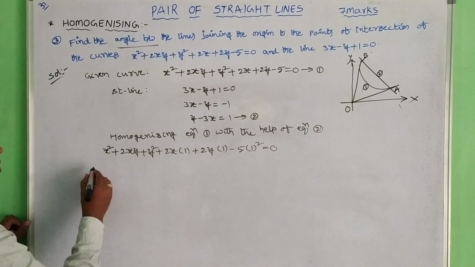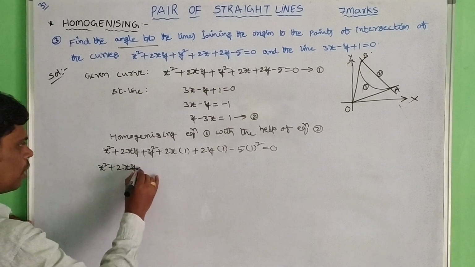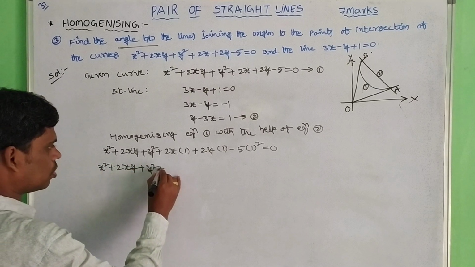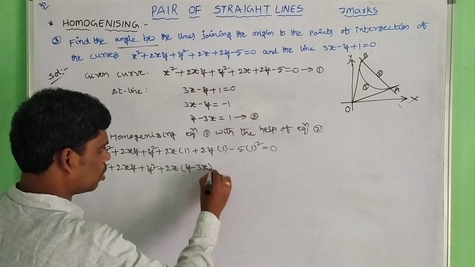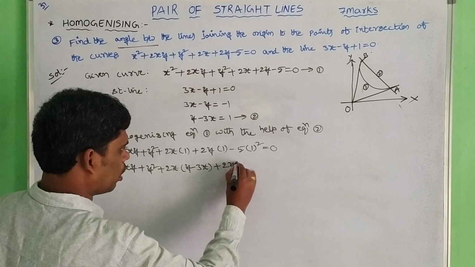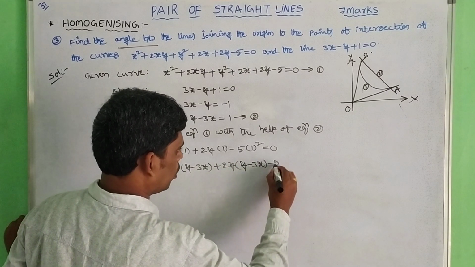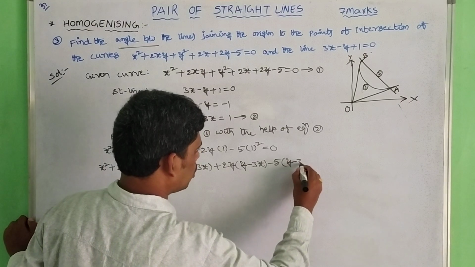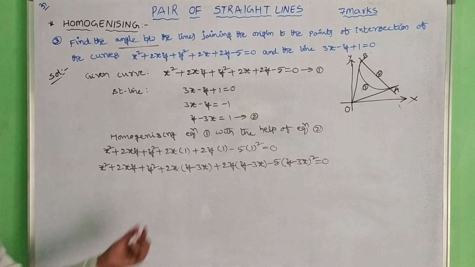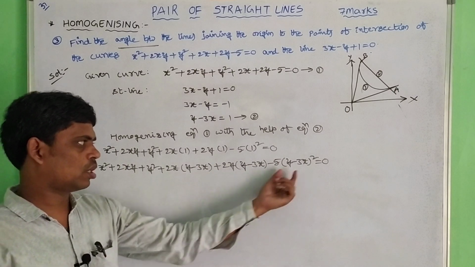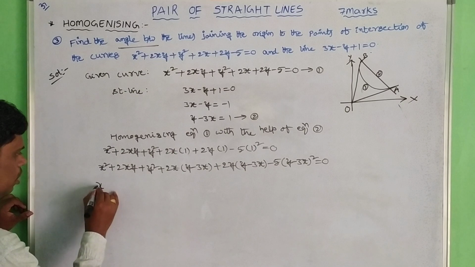Replace 1 by y minus 3x. So x square plus 2xy plus y square plus 2x into (y minus 3x) plus 2y into (y minus 3x) minus 5 into (y minus 3x) whole square equals 0. Then multiply these two terms and these two terms, and open the (a minus b) whole square. That is our next step.